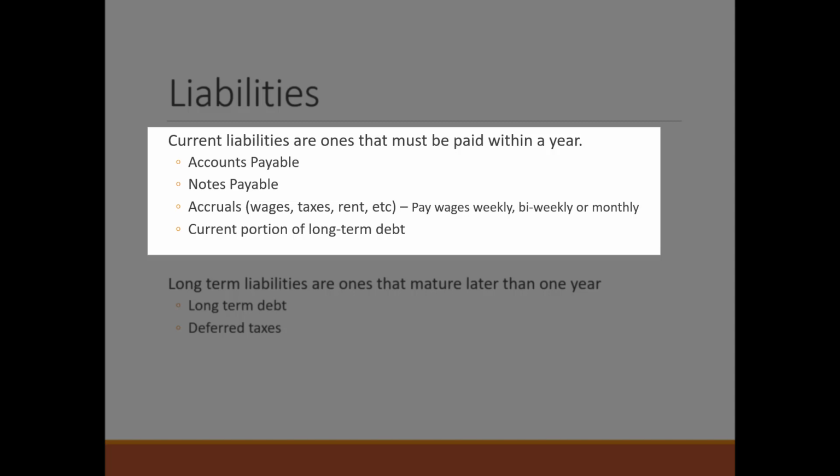Accruals, so things like wages, taxes, or rent that you've incurred the expense for but haven't paid as of the close of the accounting period, are going to show up in accruals. So if you pay wages weekly, bi-weekly, or monthly, and your accounting period stops in the middle of one of those pay cycles, you haven't paid the workers, but you owe them, and so that would become an accrual.